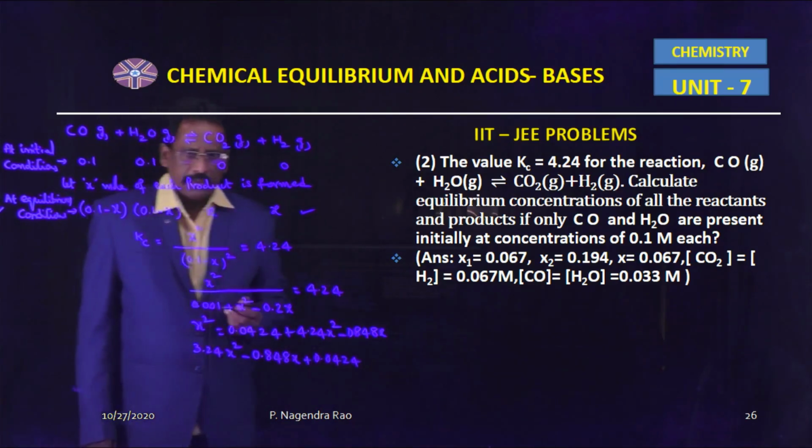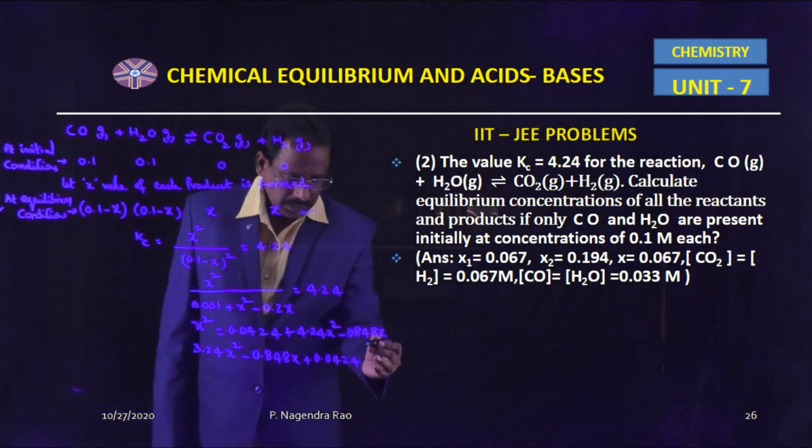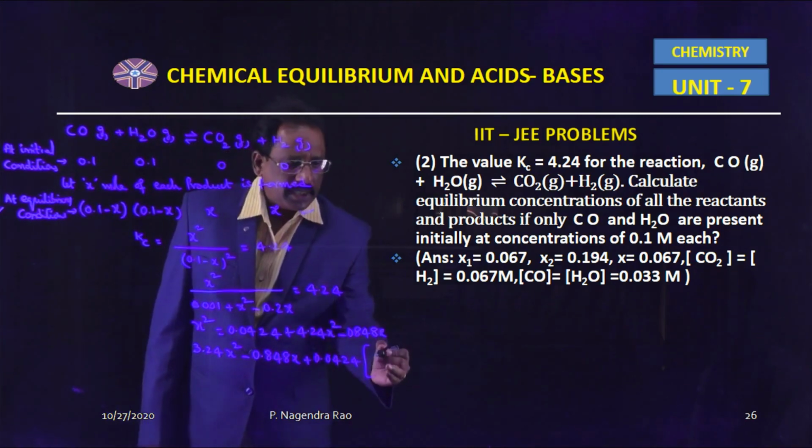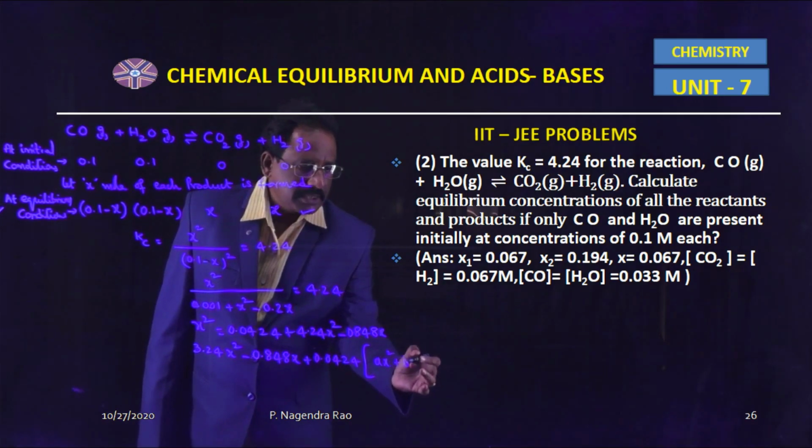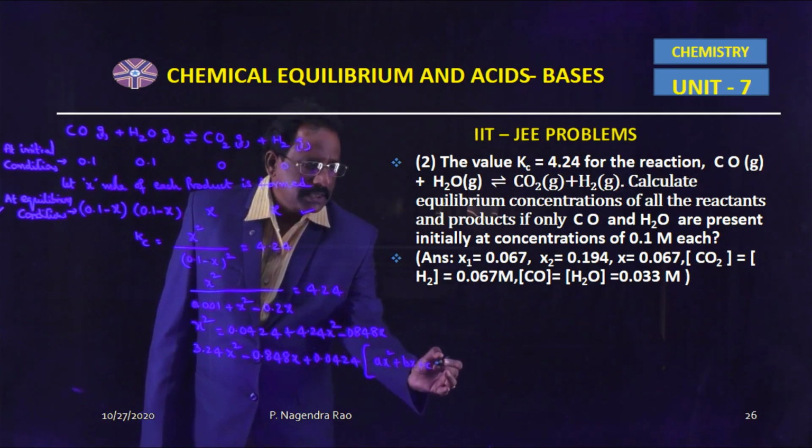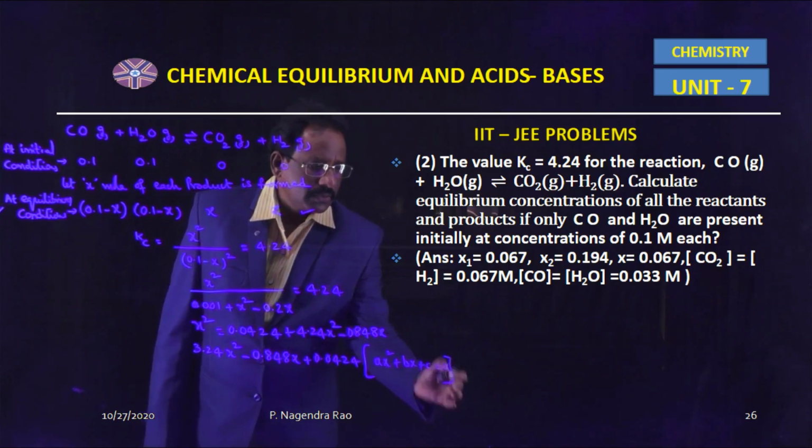So this is similar to a quadratic expression, that means ax square plus bx plus c is equal to 0.